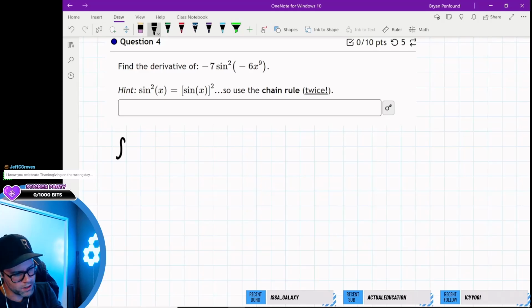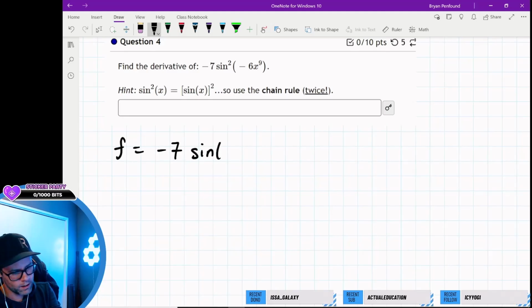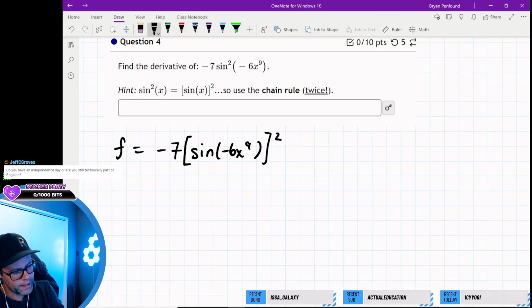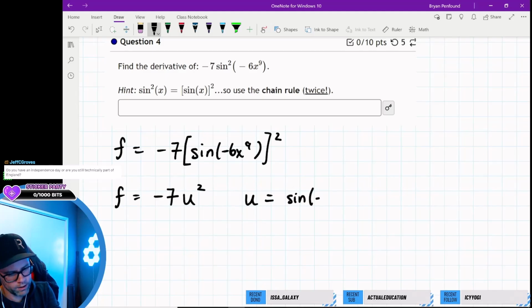What's the easiest way to use Leibniz notation here? Because this one's going to get a little bit funky, isn't it? This one's going to be sine of negative 6x to the 9, but this part's squared. So I guess we could do something like f could be negative 7u squared, where u is equal to sine of negative 6x to the 9.